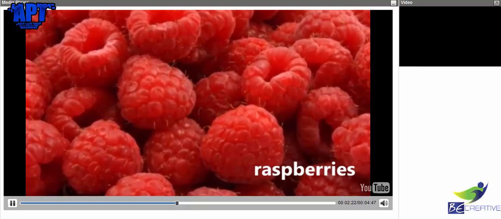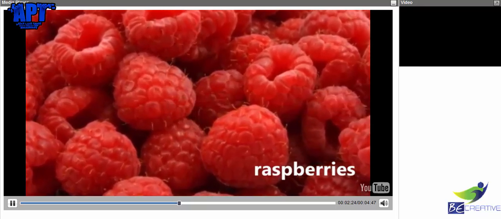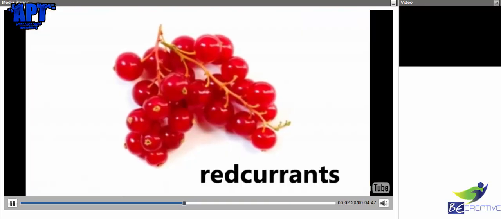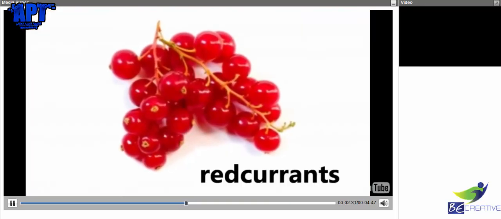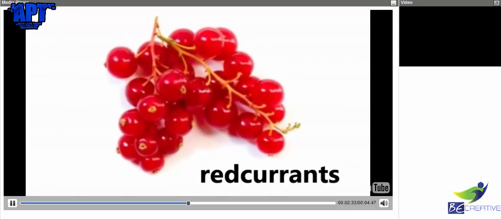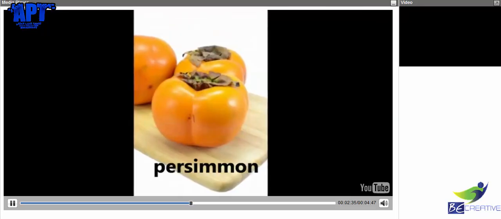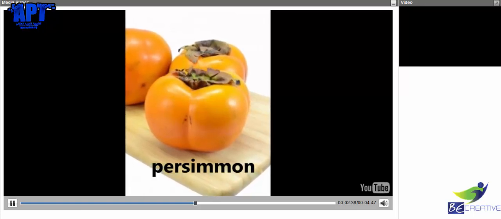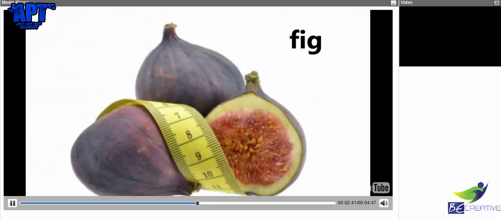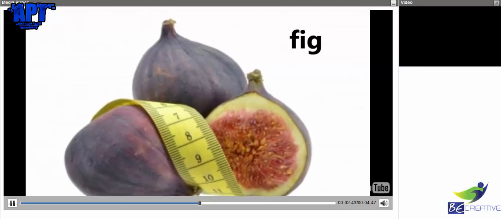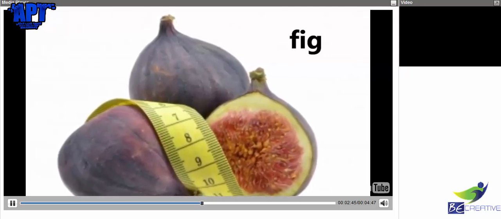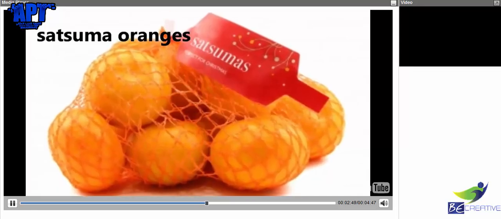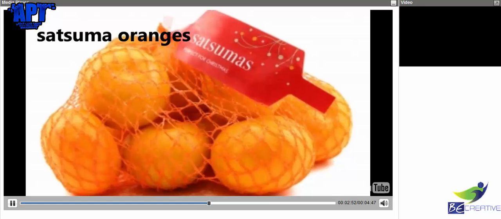Raspberries, raspberries. Red currants, red currants. Persimmon, persimmon. Fig, fig. Satsuma oranges, satsuma oranges.